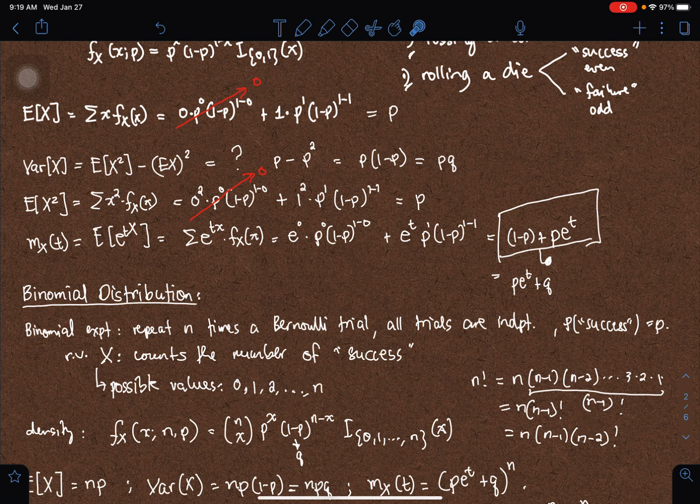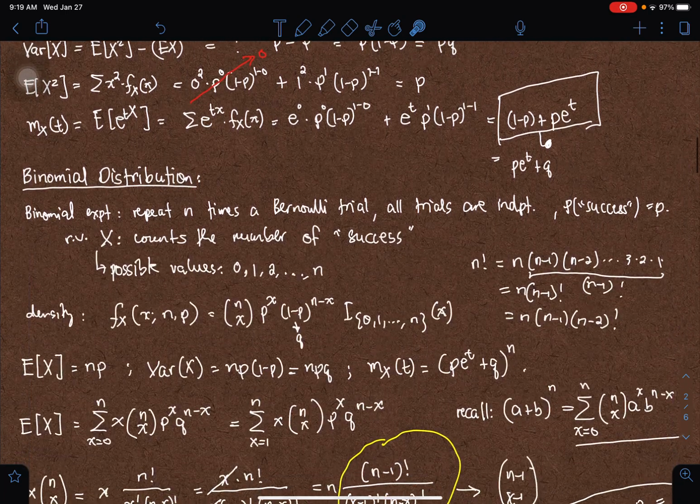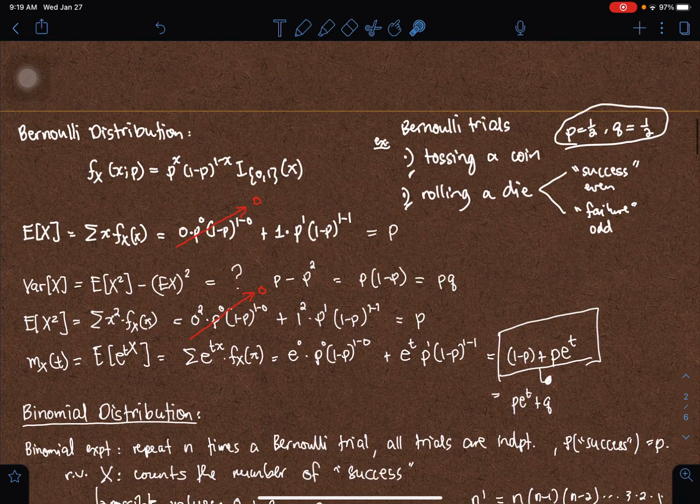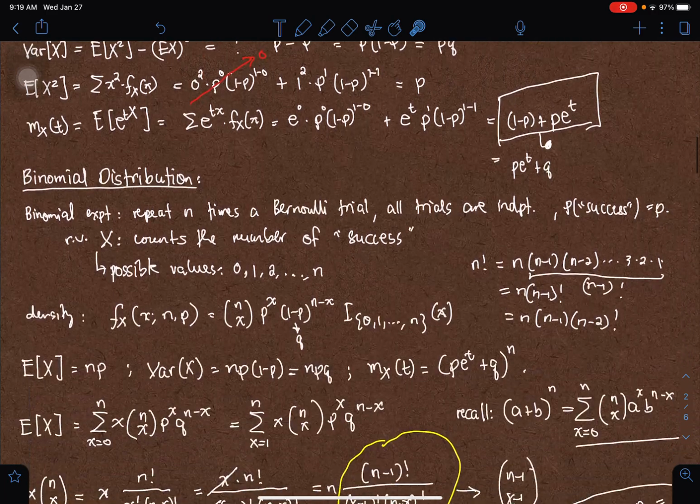So that's the moment generating function of a Bernoulli distribution. Okay? So I hope that was clear.